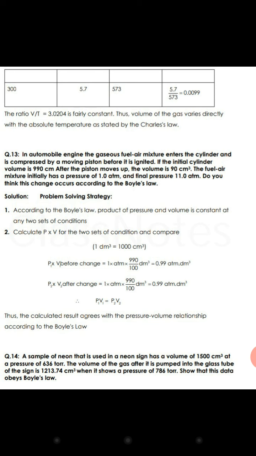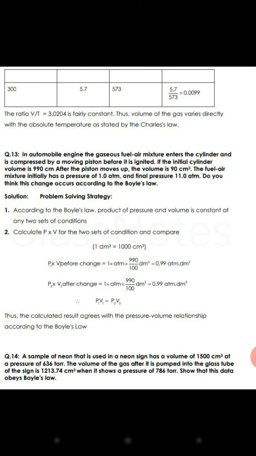So V1, our initial condition, is 1500 and our initial pressure is 636, and the final, after it is pumped into the gas tube of the sign, is 1213.74 centimeter cube when it shows a pressure of 786 torr. Show that this data obeys Boyle's law.